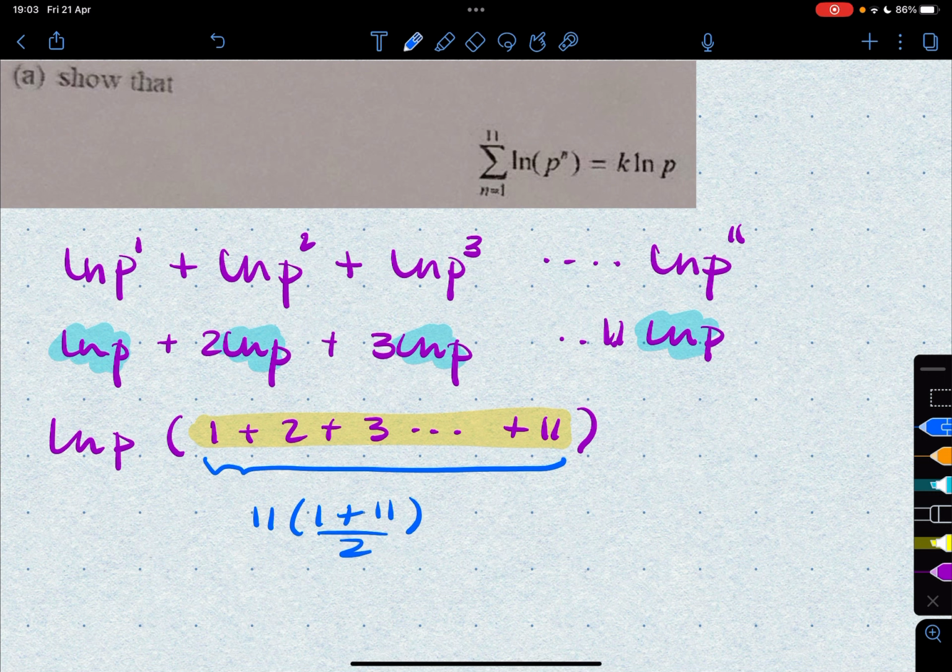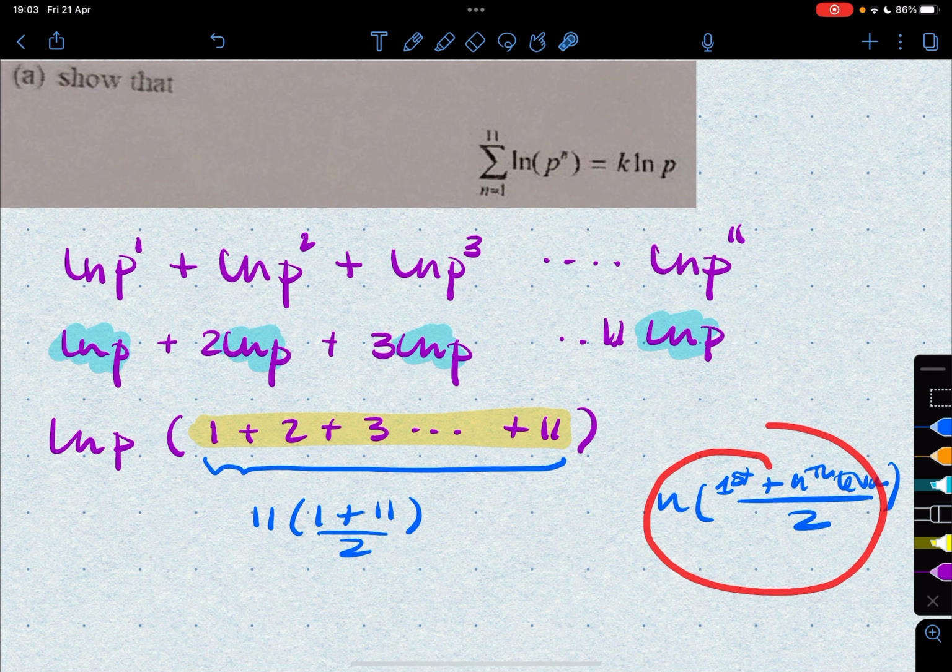So that's something like n into (a plus l), the first term plus the nth term, over 2. So there's a formula for the sum of the n terms. So that'll give you that.